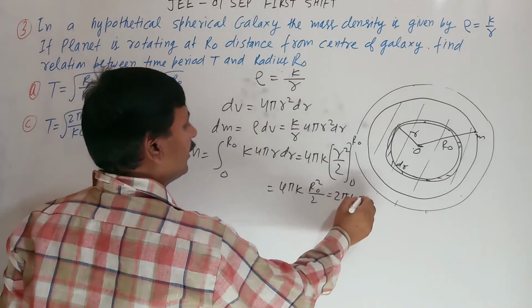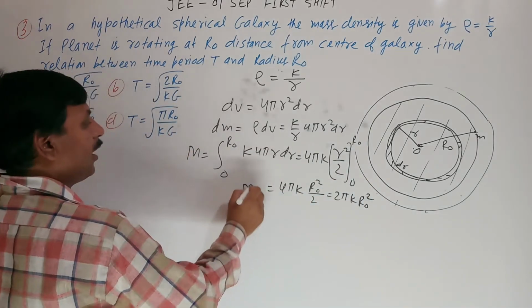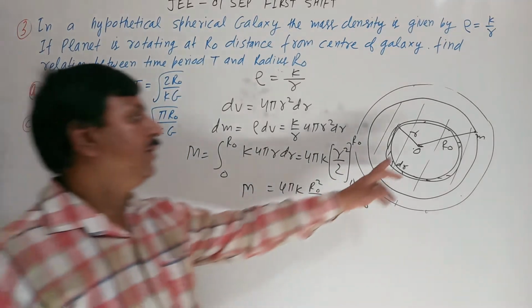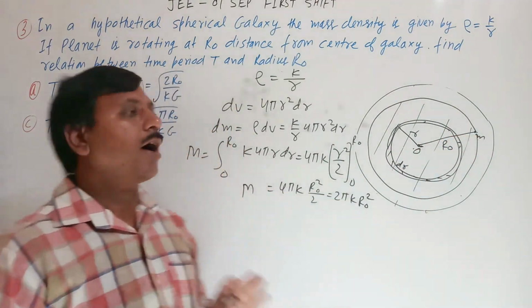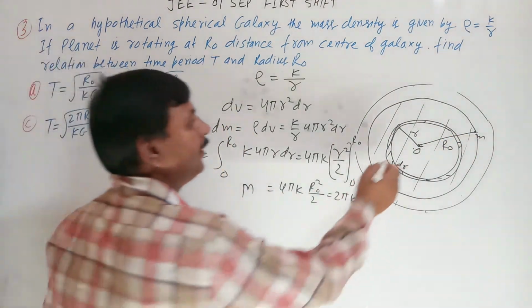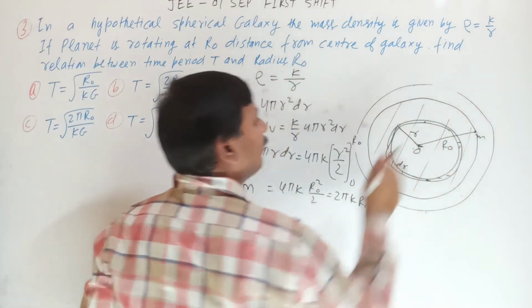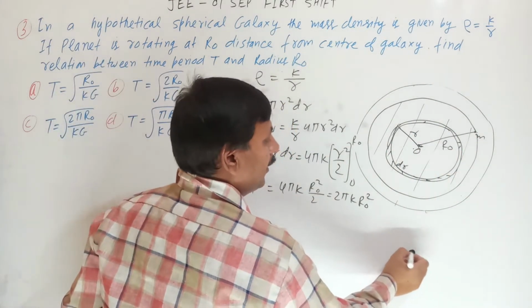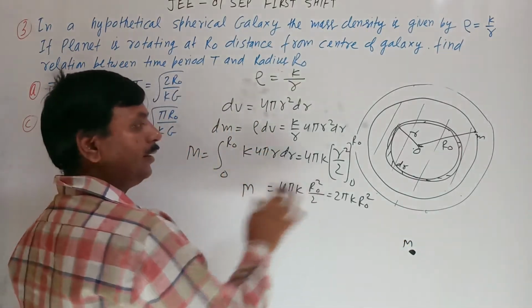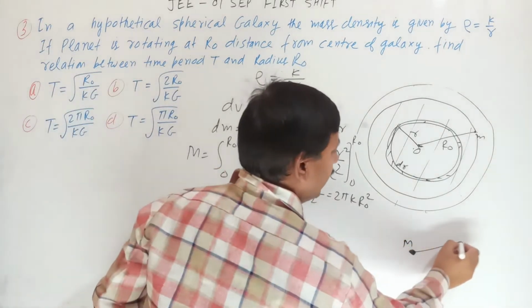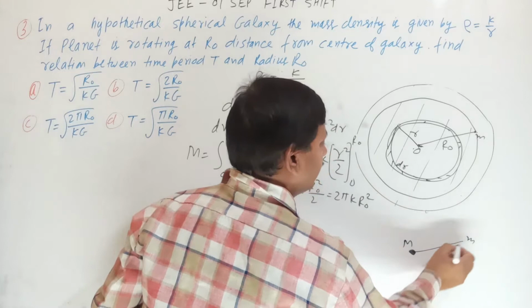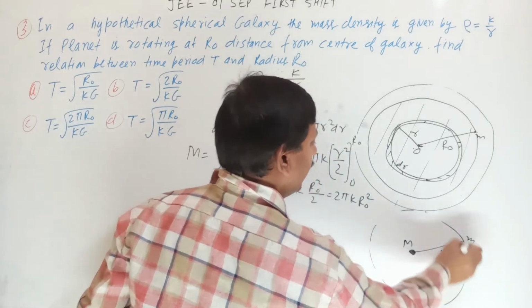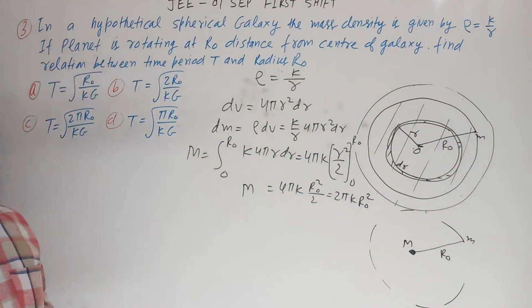So this will be the mass of the galaxy of radius r0. This will be the effective mass for this planet of small m. So see here, consider this mass M, the mass of the galaxy, and the planet m at distance r0 is rotating. So we have to find the time period.